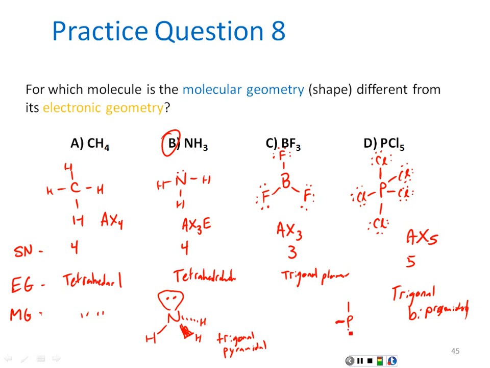So we would have 3 chlorines in the plane of our paper, 1 chlorine coming towards us, and another chlorine going into the screen. So that would be a 3-dimensional representation of a trigonal bipyramidal molecule. And it's important to be able to express these 3-dimensionally.